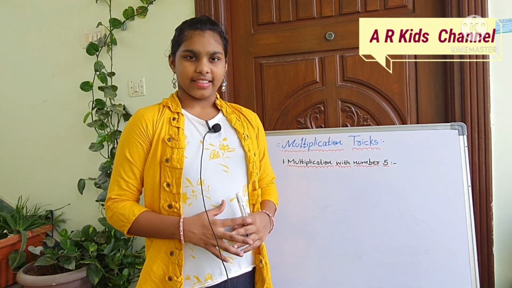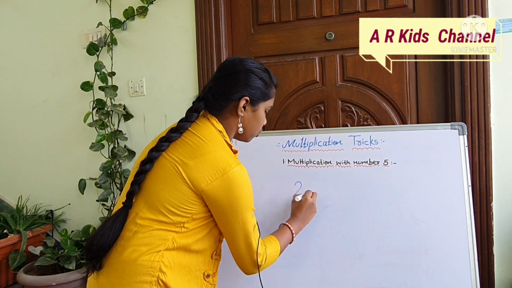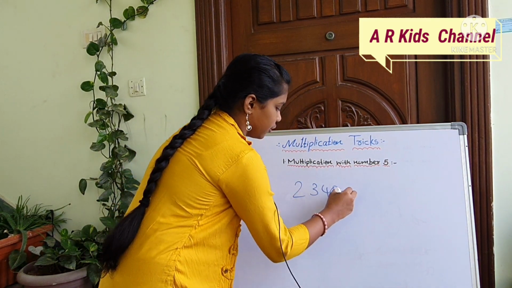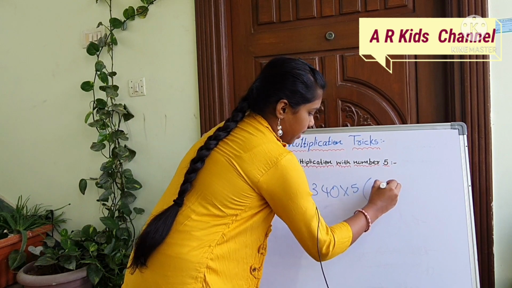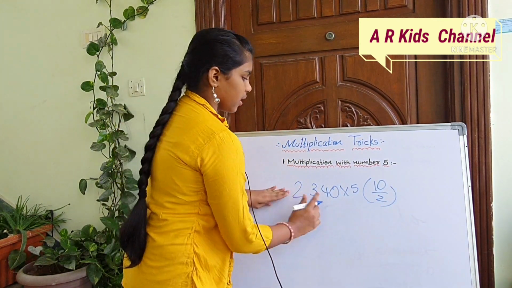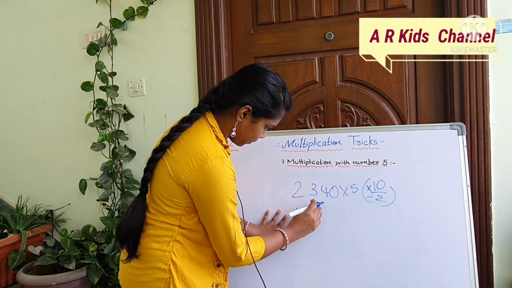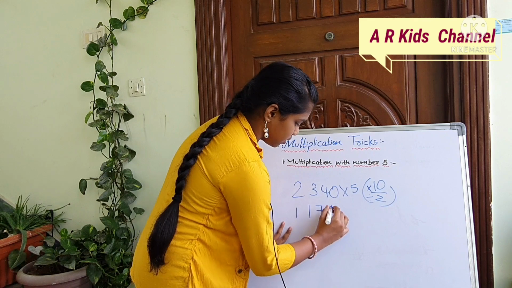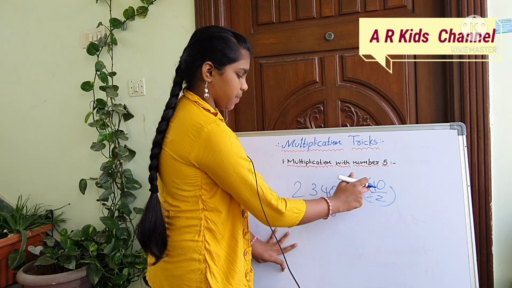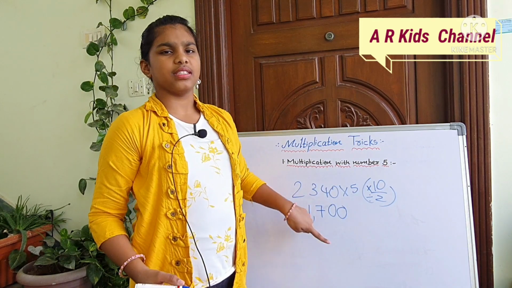Now let us see another example in which we get an odd number in between, like 2340 into 5. First we'll write 10 by 2 in brackets. Now here you need to do the same process. Divide with 2 and multiply with 10. 2 ones 2, 2 ones 2, and 2 sevens 14, 0, and then multiply with 10, which is 0, and our answer is 11,700.